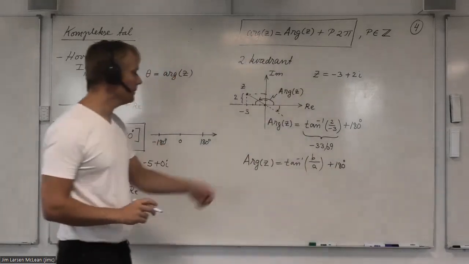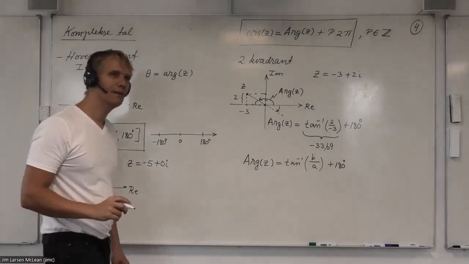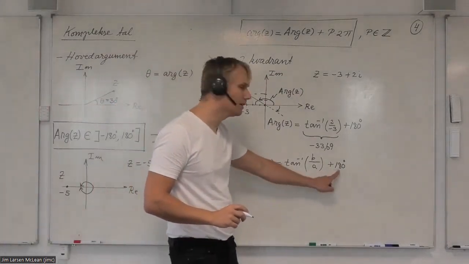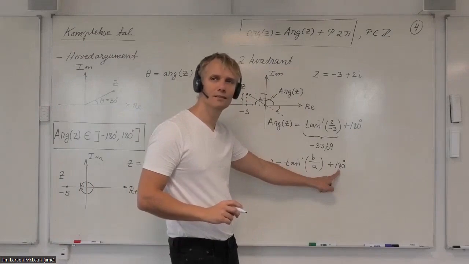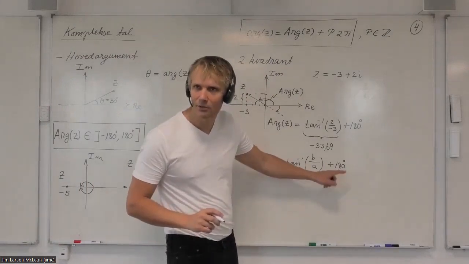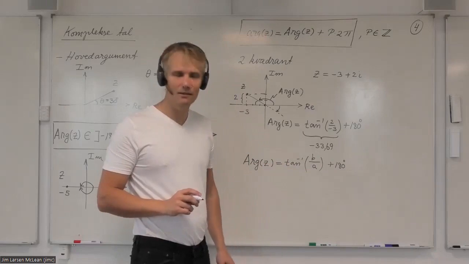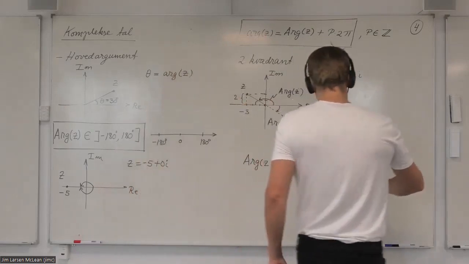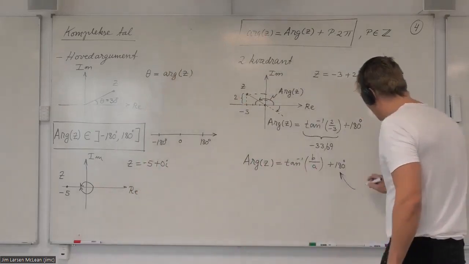That's how you do it if you want the answer in degrees. If you want it in radians, then you add pi instead of 180 degrees, since pi radians is the same as 180 degrees. So I could just write that down.